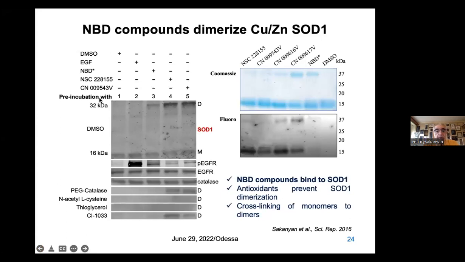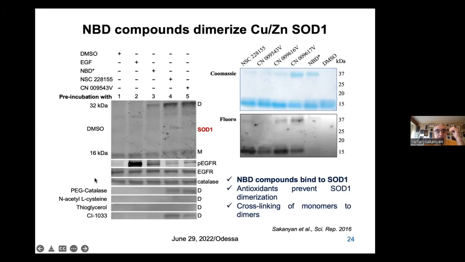You see the action of 155 and 43V leads to the formation of 32 kilodalton dimers. It is important to mention that these dimers are rather stable. They are stable to a low concentration of SDS. And it was interesting and surprising for us to find such kind of action.